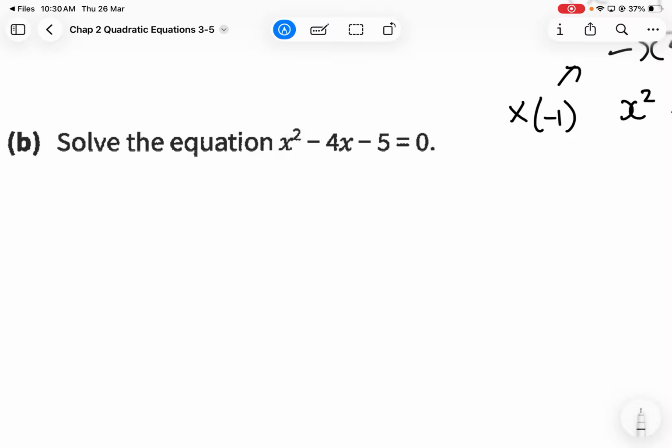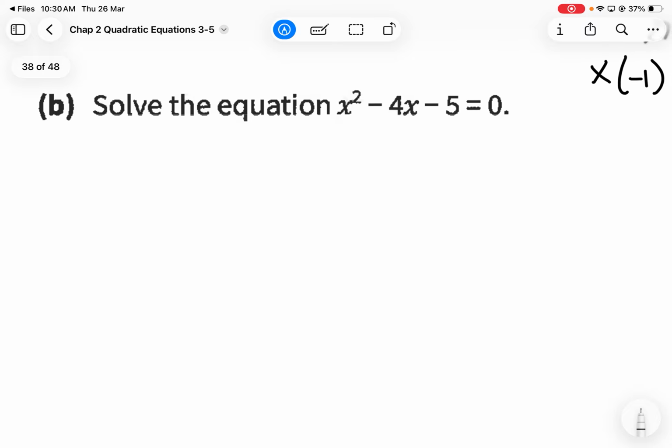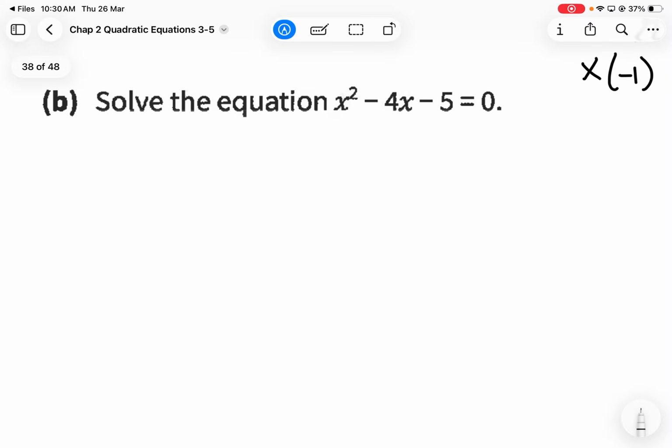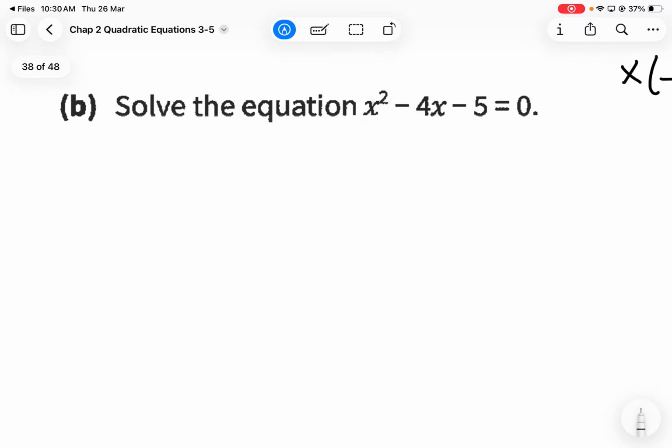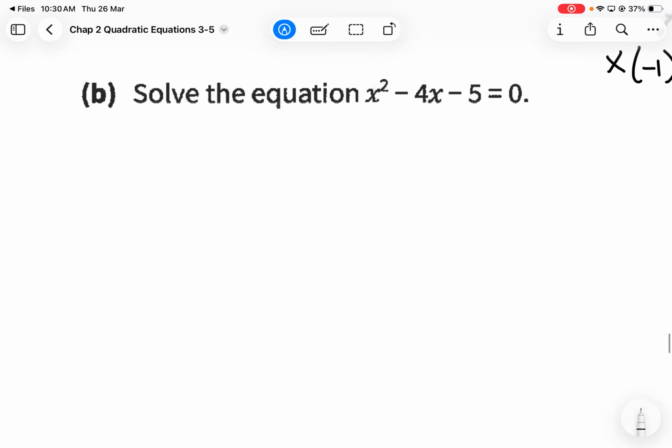Yes. What are you all doing? Solve the equation. You have learned 3 ways to solve quadratic equation. First way is to factorize. In this case, the numbers are 1 and 5. Very easy to factorize. So, if I factorize, it will become x minus 5, x plus 1.